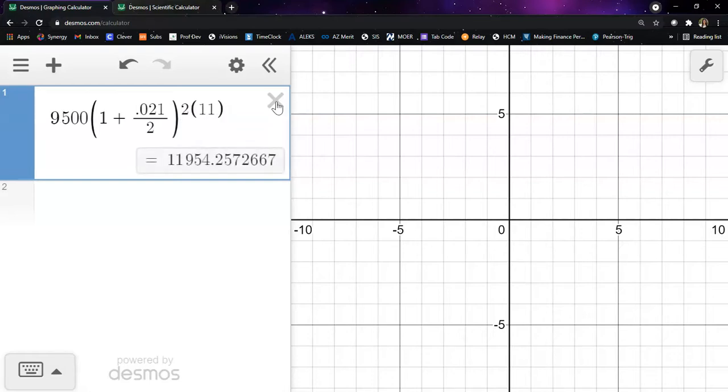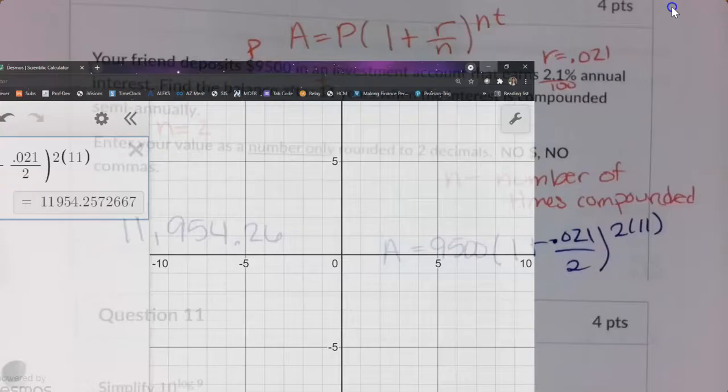Which gets me 11,954 point, this one's going to round up 26 cents. So you only type the number into Canvas.